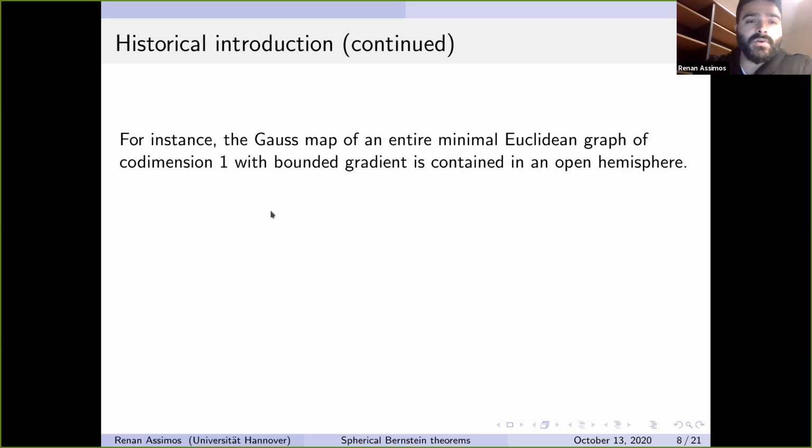And if you look at the extra condition in Moser's result, which is that we add that the gradient of this function is bounded, then we can actually prove that the image of the Gauss map is contained in an open hemisphere. Okay, and that's going to be an important thing for the talk. So obviously the open hemisphere of a sphere is a convex set. Okay.